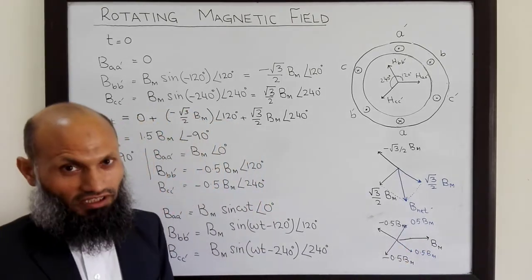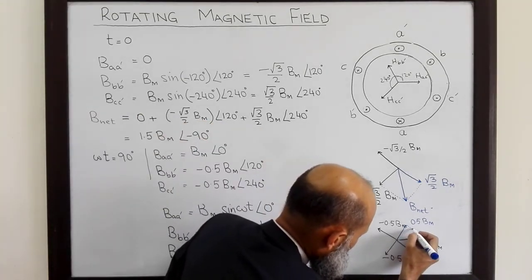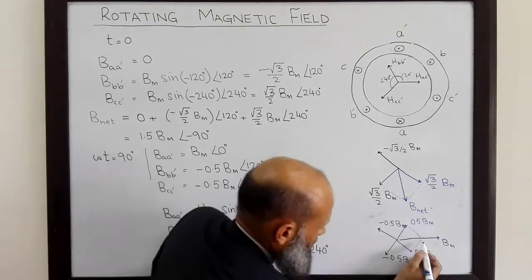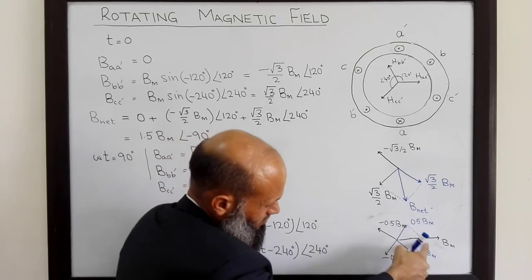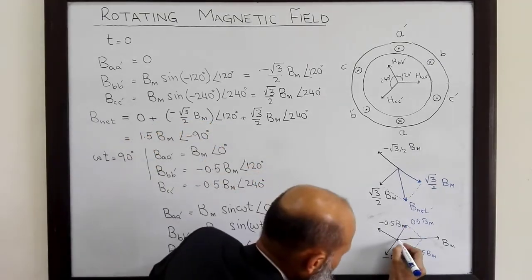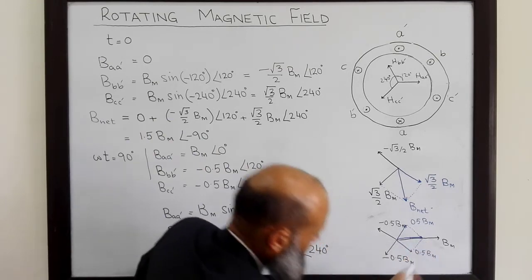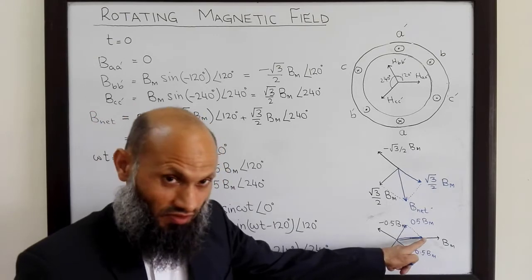We can again utilize the graphical approach. So by graphical approach, resultant of these two vectors is this vector. Resultant of this vector and this vector is this vector.